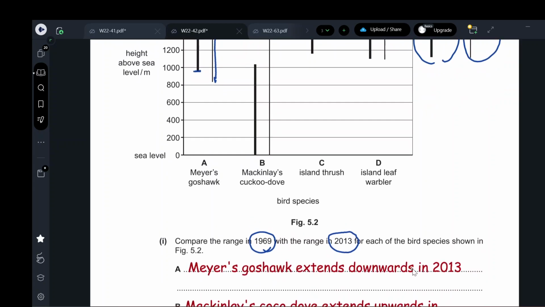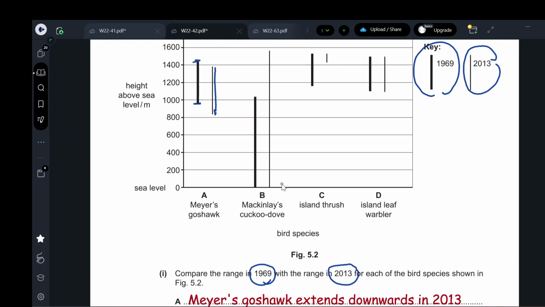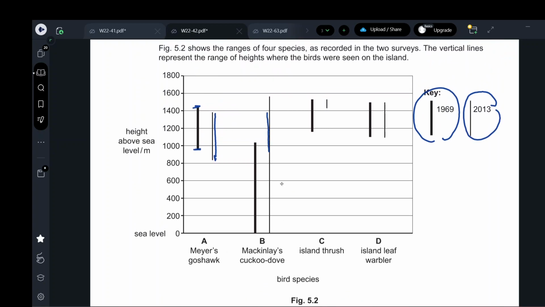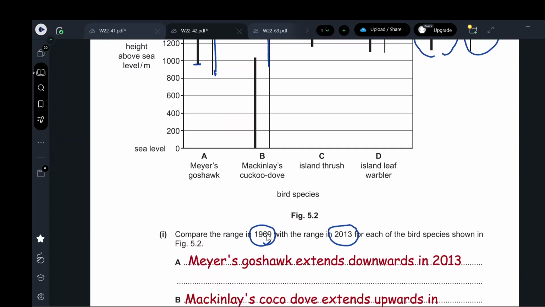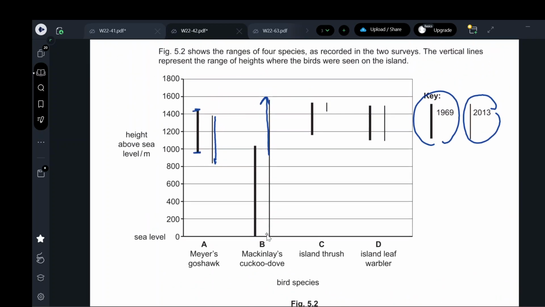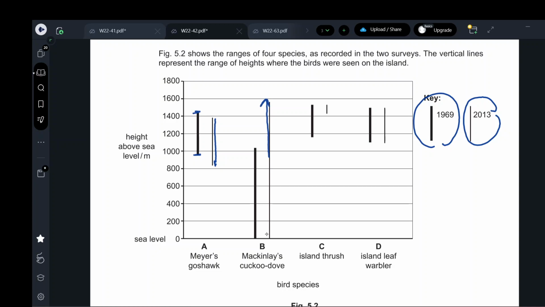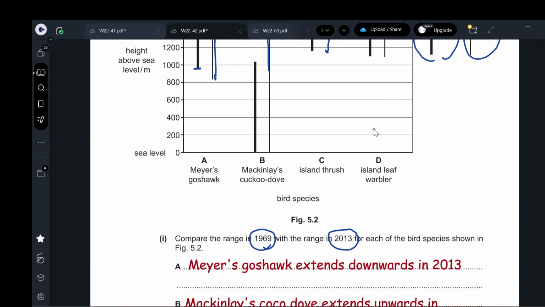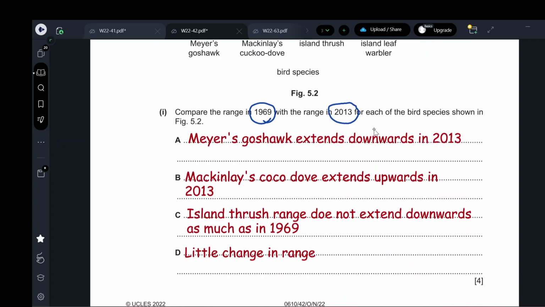So it extends downwards in 2013. Macaulay's cuckoo dove extends upwards. They went higher up. Island thrush, what happened? They do not extend as much as they did. Their population decreased. Island leaf warbler, there is no change. Just a description.